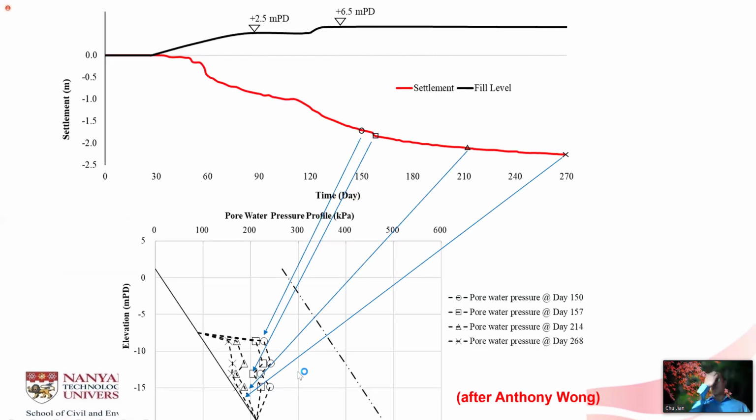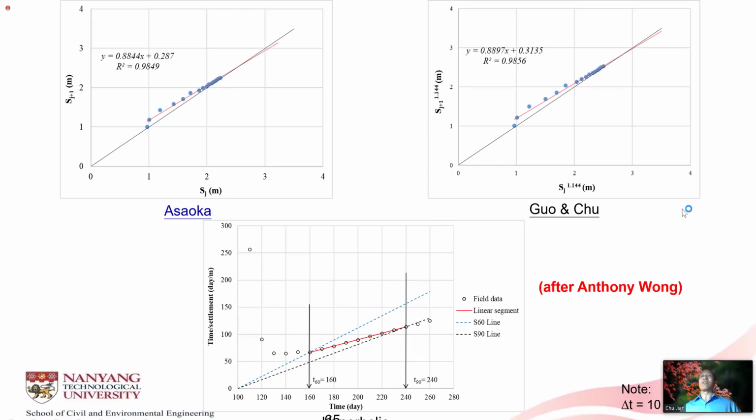The more important data is the ground settlement curve, as well as the pore pressure distributions at the different time intervals, let's say 150 days, 210 days and 270 days, etc., and the corresponding pore pressure profiles. So illustrating the pore pressure is indeed dissipating over time, okay, together with settlement development.